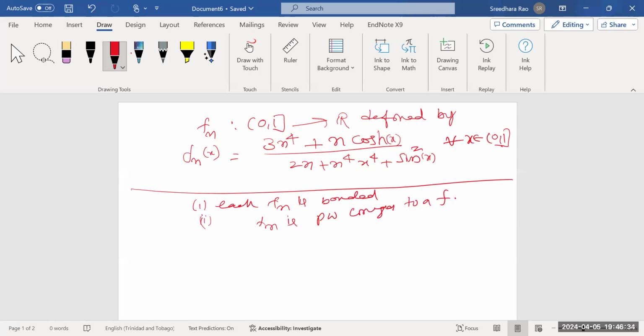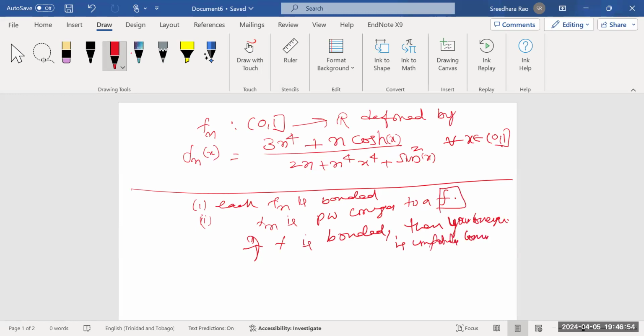If the limit function F is bounded, then the pointwise convergence is uniformly convergent.